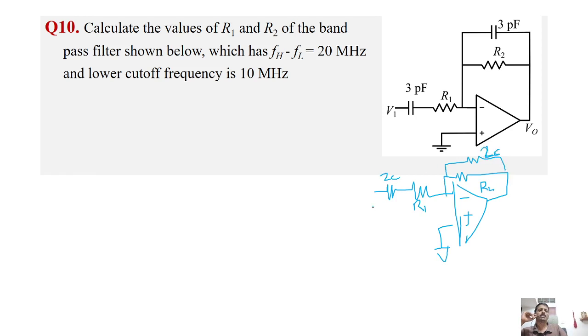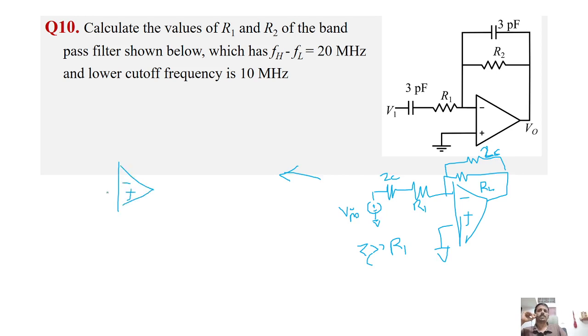I am assuming it's an impedance due to the capacitor, and I am just comparing ZC and R1. When the frequency is very low, ZC is very high, and whatever input is given will be dropping across the ZC. That is what is happening. Similarly here, ZC is very much higher than R2, which means it is more or less like an open configuration. So it will be somewhat like this.